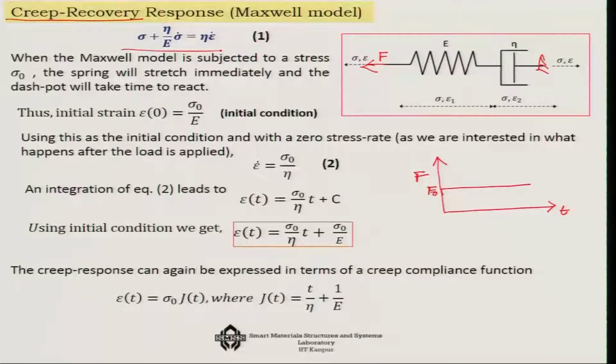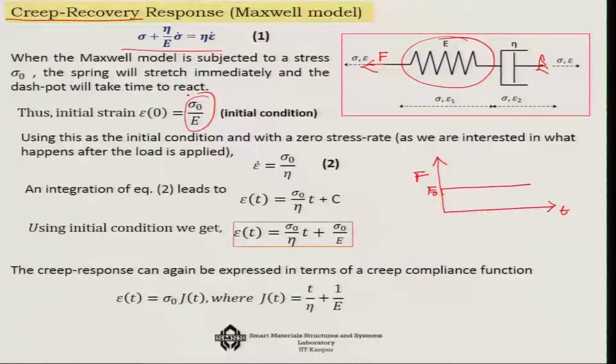If we apply the force, the spring is going to deform instantly. So, there will be some initial strain in the system, which can be denoted as sigma 0 over E.